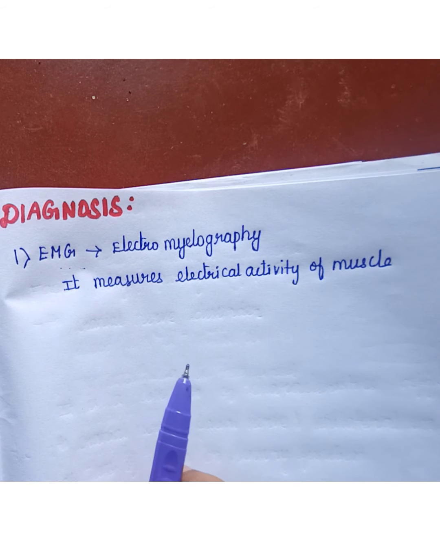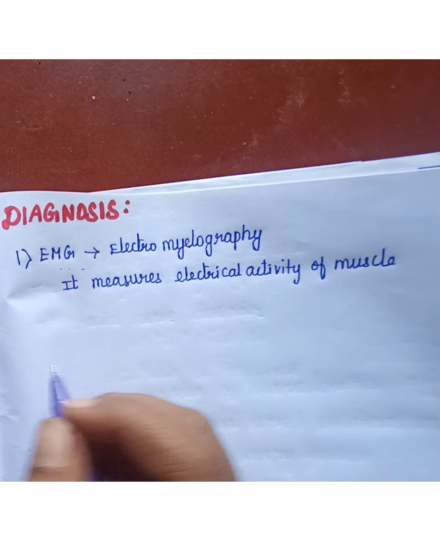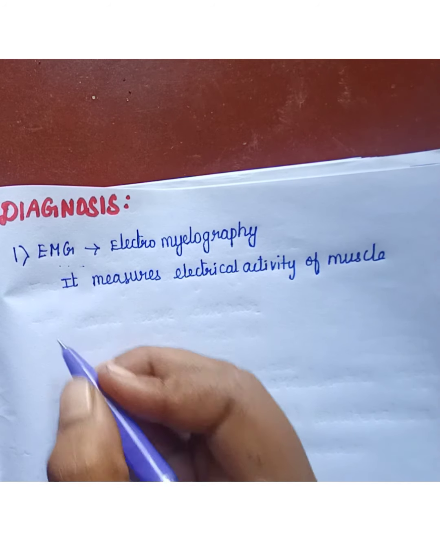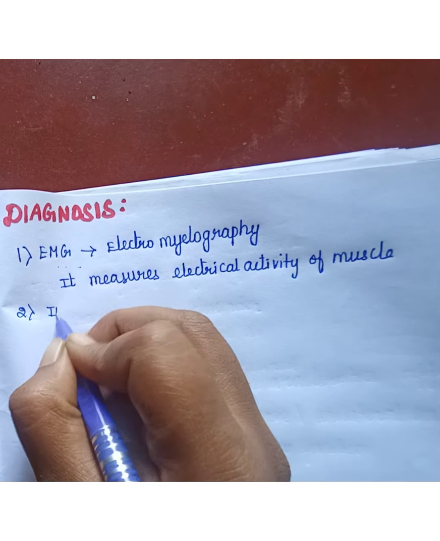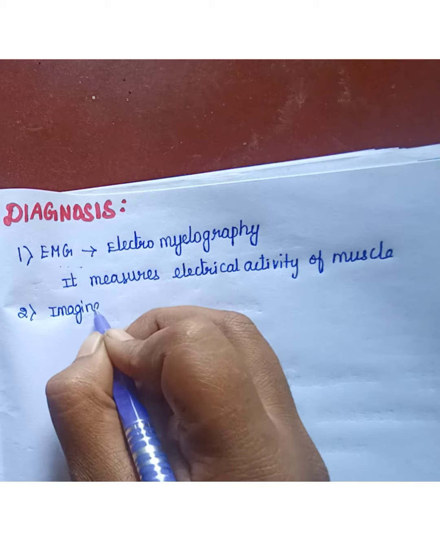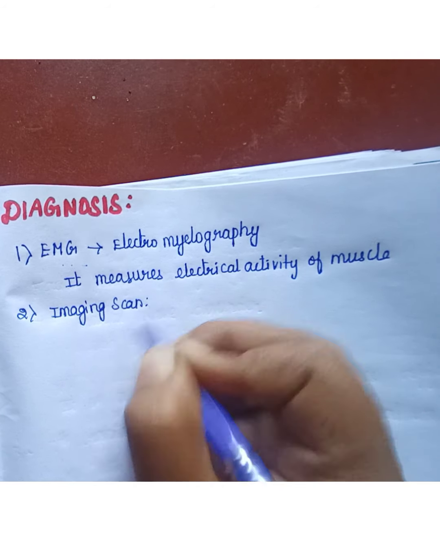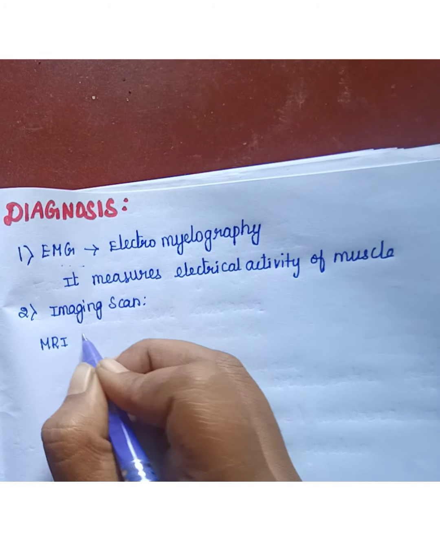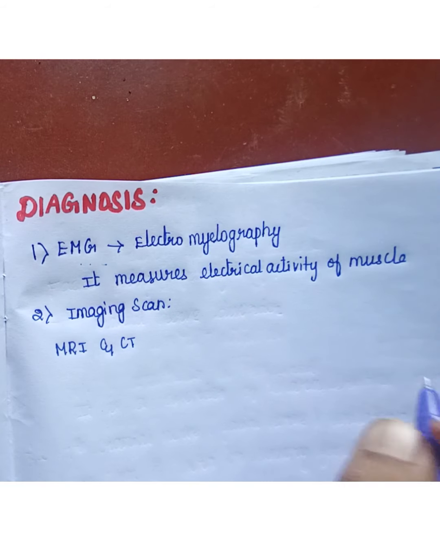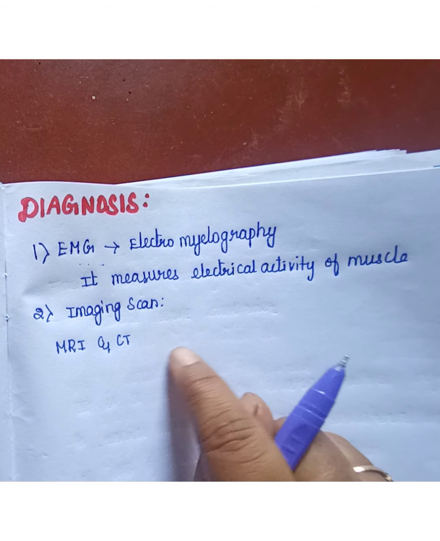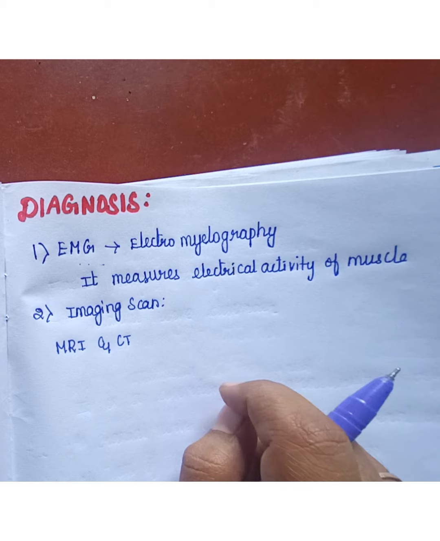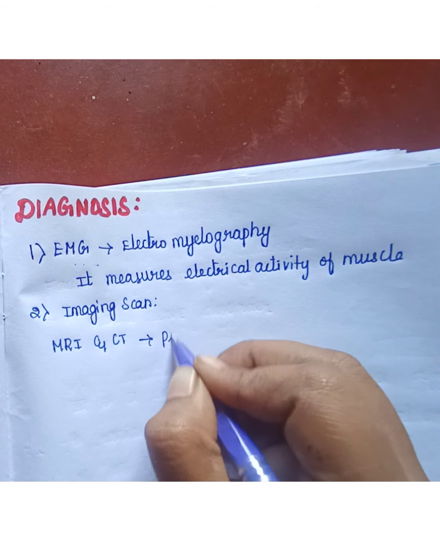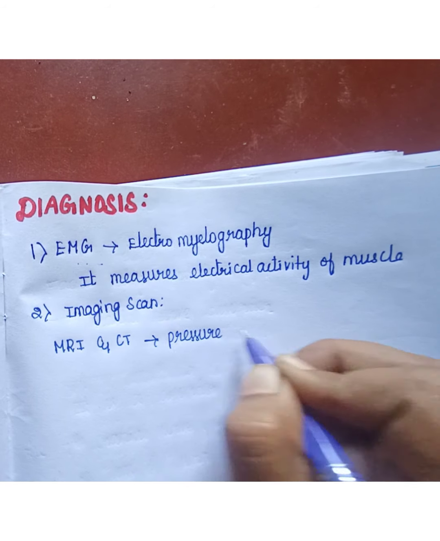Next one is imaging scan. In imaging scan, MRI and CT are done. They are needed to rule out pressure on the facial nerve.